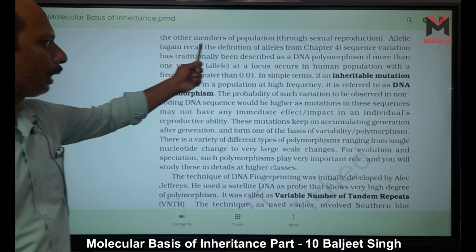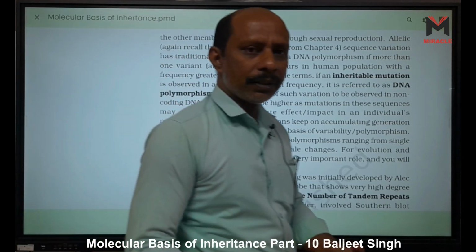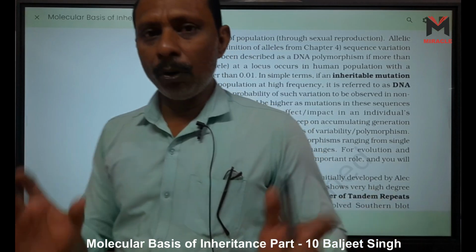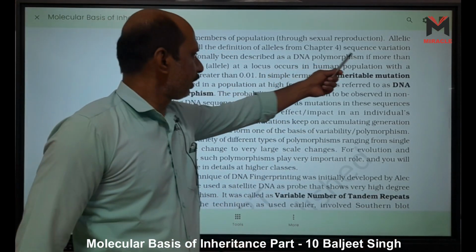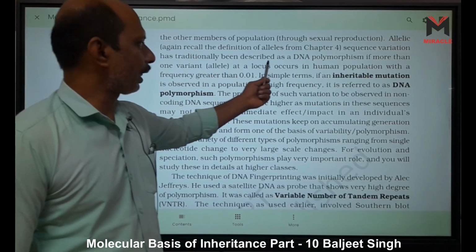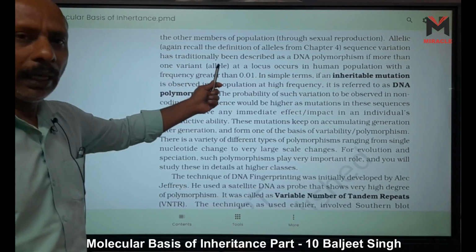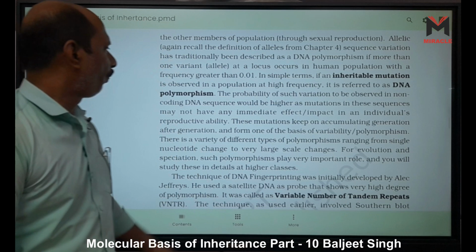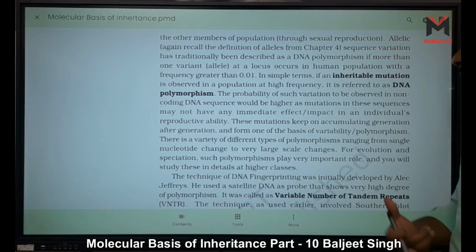Again, recall the definition of allele from chapter 4. Alleles are genes located on homologous chromosomes at the same locus. Locus means the same location. Sequence variation has traditionally been described as a DNA polymorphism if more than one variant allele at a locus occurs in the human population with a frequency greater than 0.01.